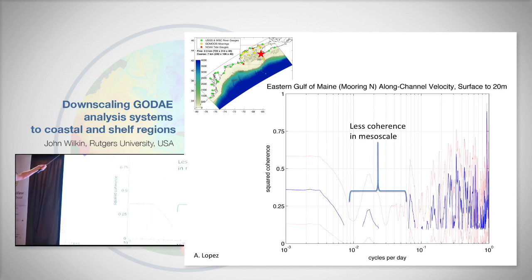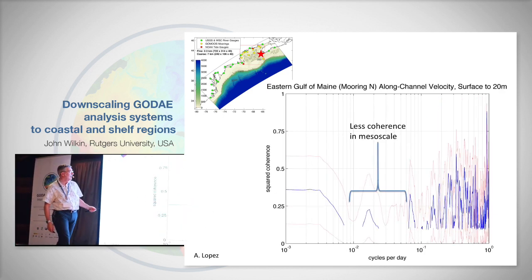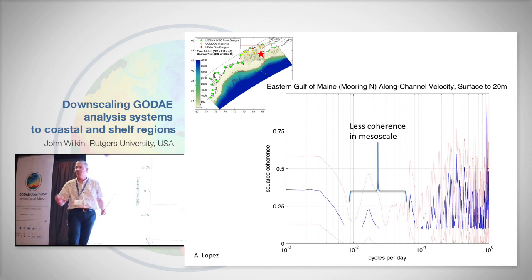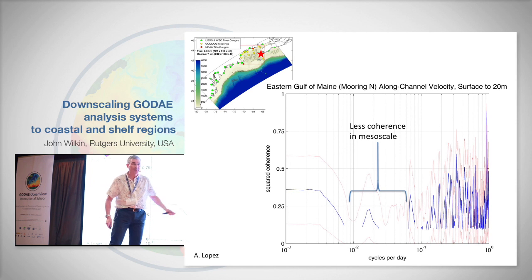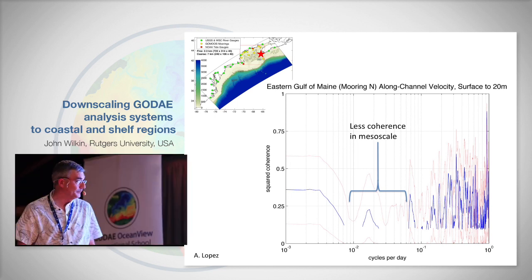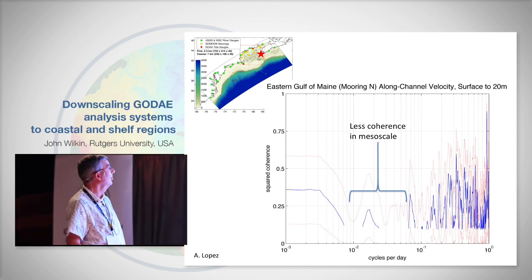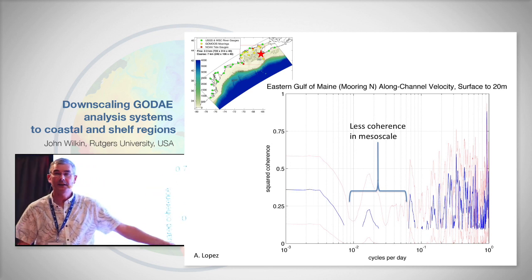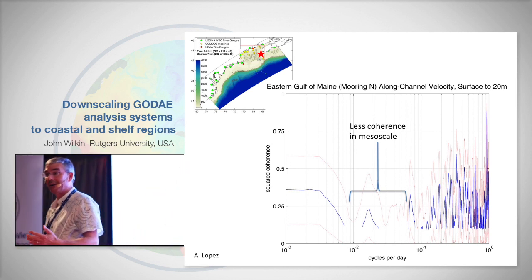If I go out to the northeast channel, the entrance to the Gulf of Maine, we're okay at the really low frequencies, which is just the seasonal cycle, so we've got that right. We're doing well at the high frequencies, the locally driven parts: inertial oscillations and tides and local wind forcing. But in this mesoscale gap here, the two are not consistent, not coherent.